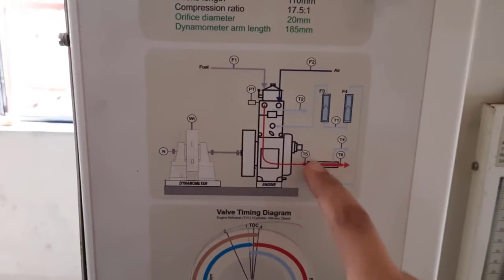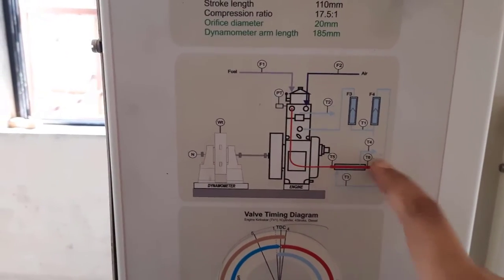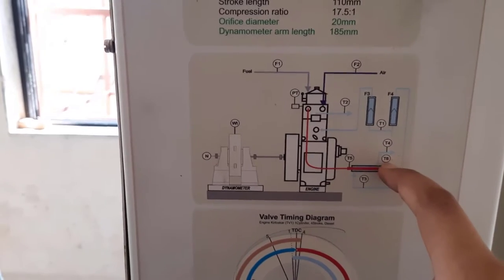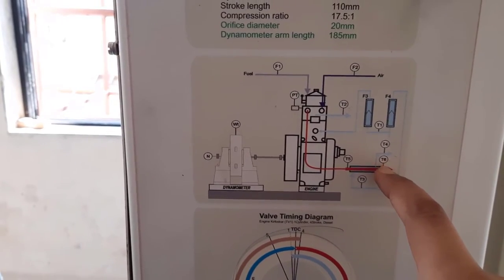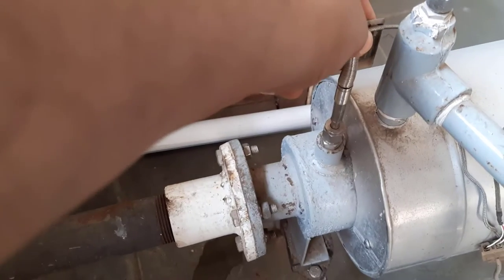Now it is going into the calorimeter. Some amount of heat is lost by the exhaust gases, which is measured as the change in temperature, T6. This is your T6, the exhaust gas outlet temperature from the calorimeter.